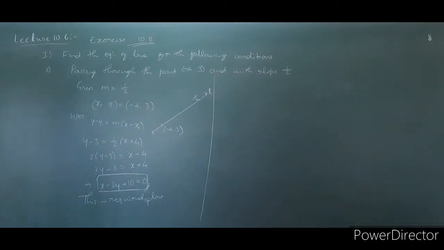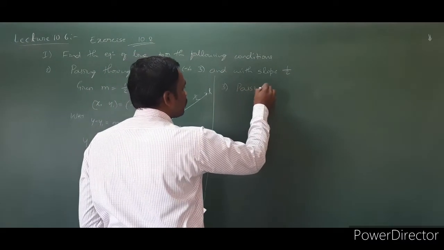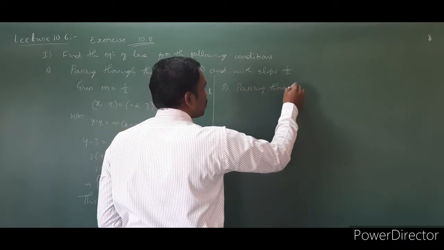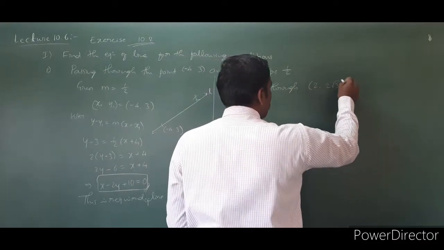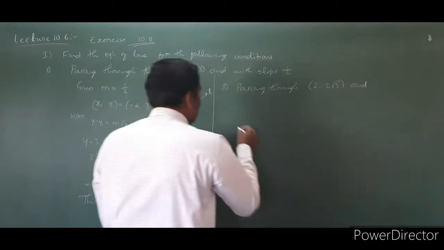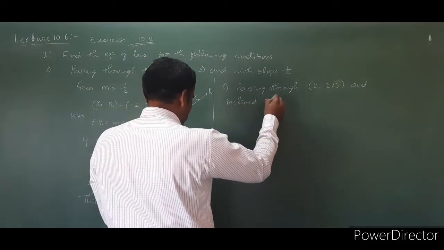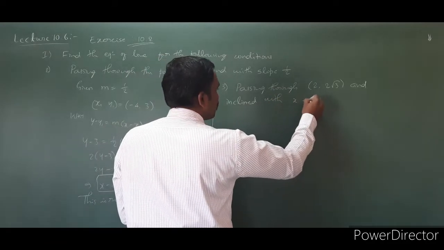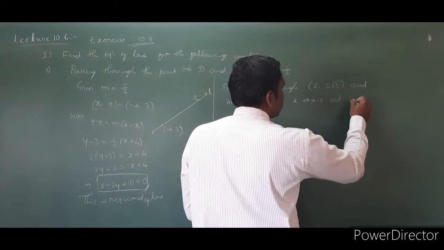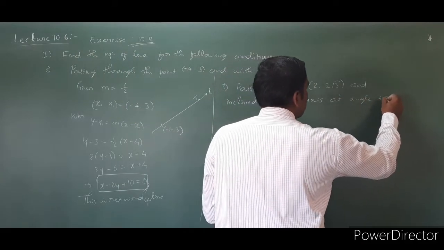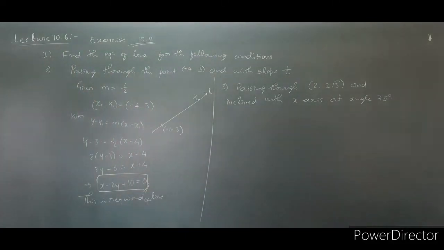Third problem: passing through the point 2 comma 2 root 3 and inclined with the x axis at an angle of 75 degree.